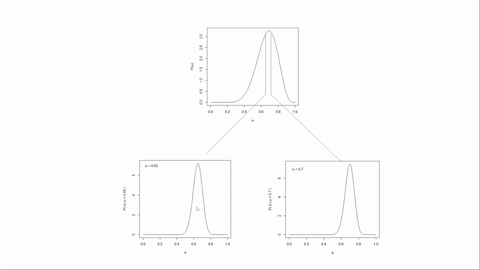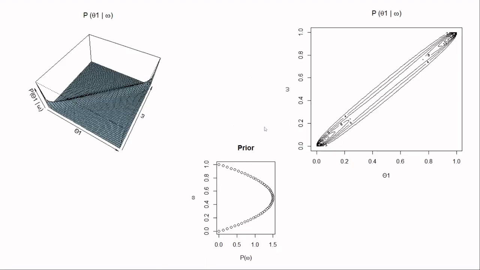This can be with different variances, so I chose a certain variance to depict this distribution. Now this is, of course, for a given value of this population parameter. However, this population parameter is a random variable. We don't know that yet. So what we can say here is we describe a conditional probability, the probability of parameter theta 1 given the population parameter omega.